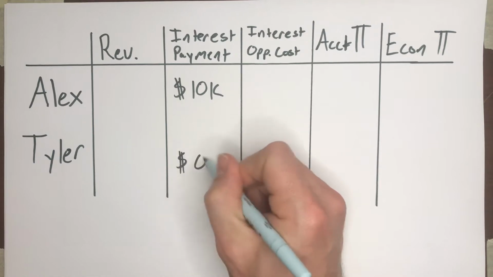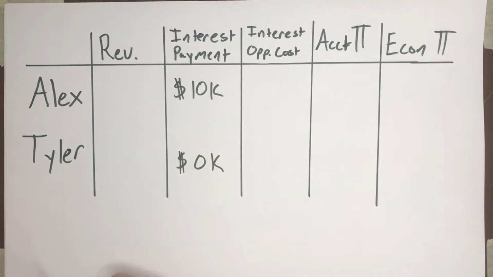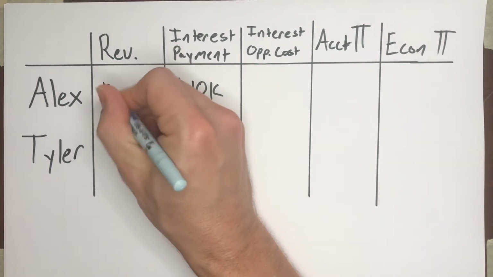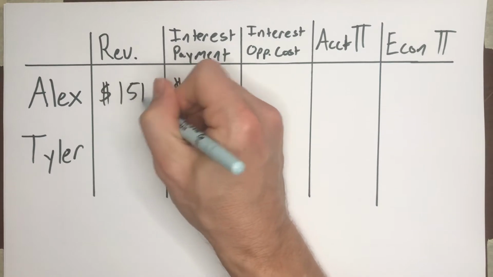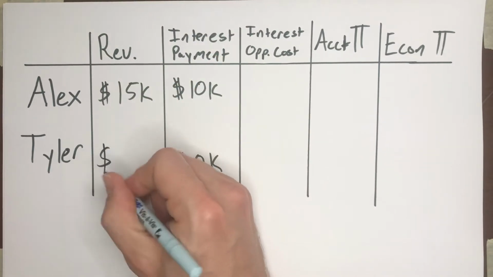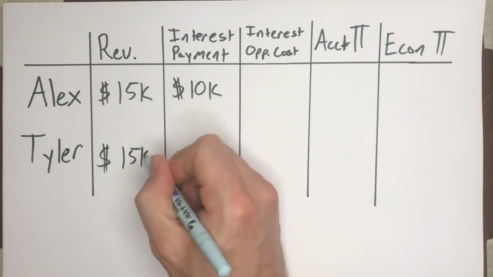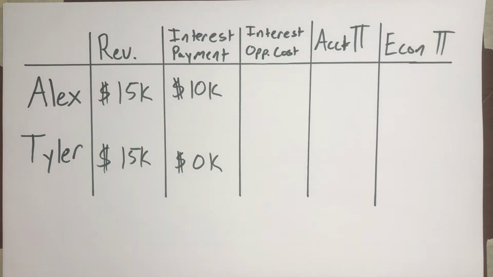So he has no money for his interest payment. Then we're told each well produces $15,000 worth of oil annually. So we'll put those numbers into the revenue column. That's the same for each of them.